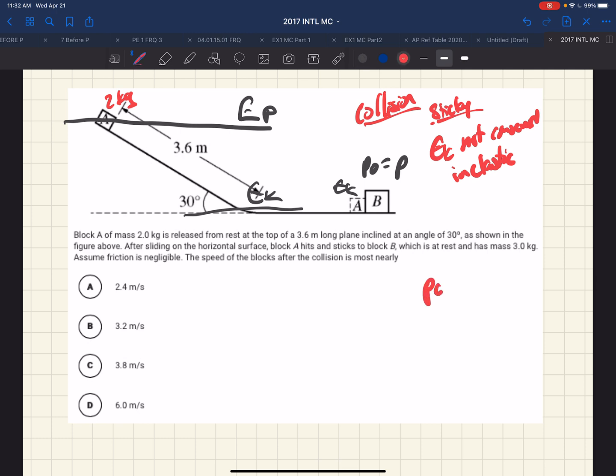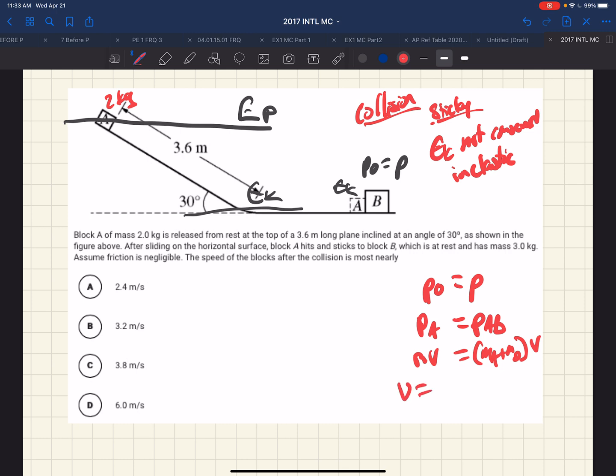Well, that comes from P0 equals P. Beforehand, we have the momentum of A, and afterward, we're going to have the momentum of this new particle, AB. So this is mv, and this is (ma plus mb) times the velocity.